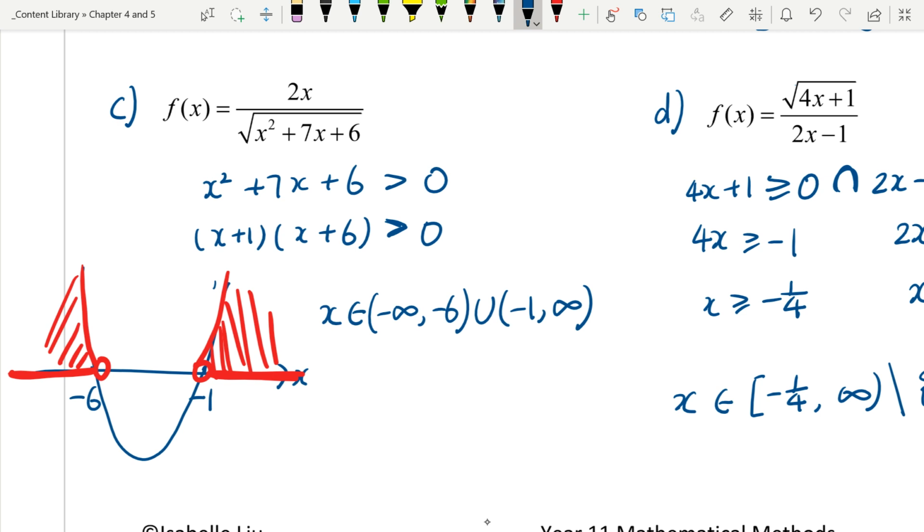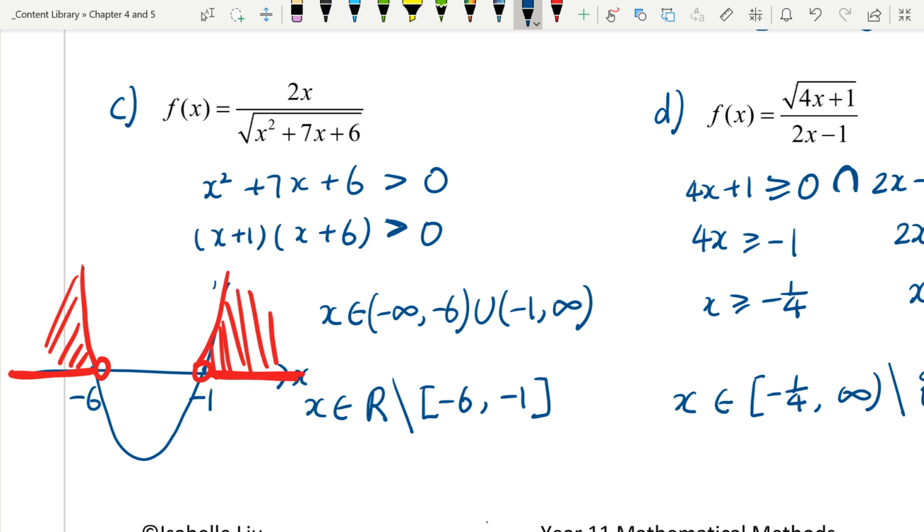Another way I can write it is x belongs to R except [-6, -1], inclusive. Let's think about why I can write it this way. Why is the first one a round bracket and the second one a square bracket? Do we want -1? Do we want -6?